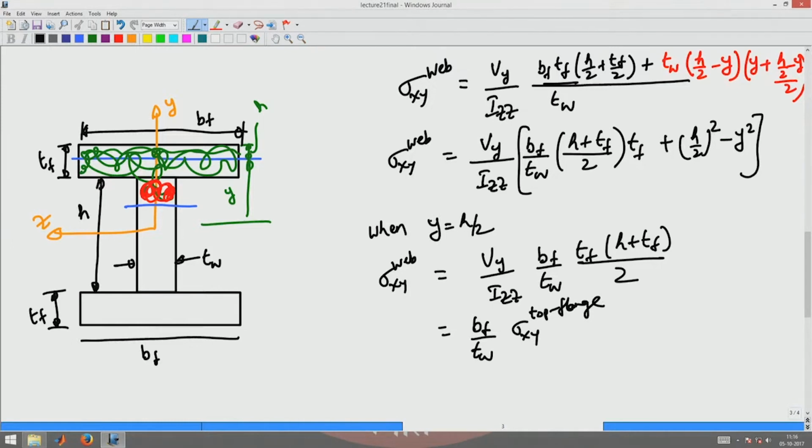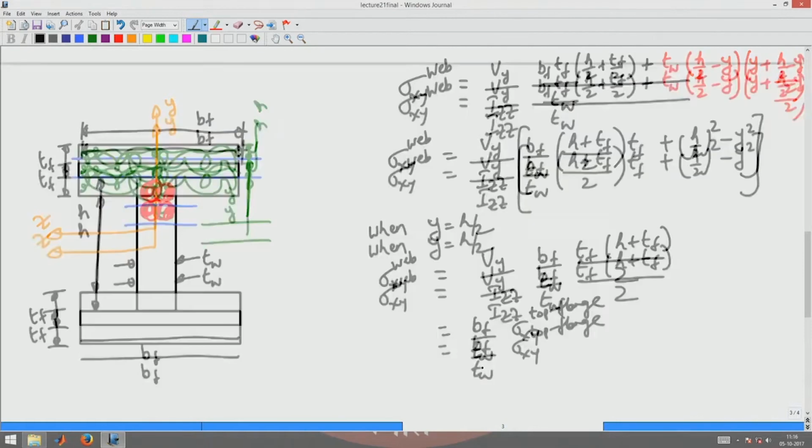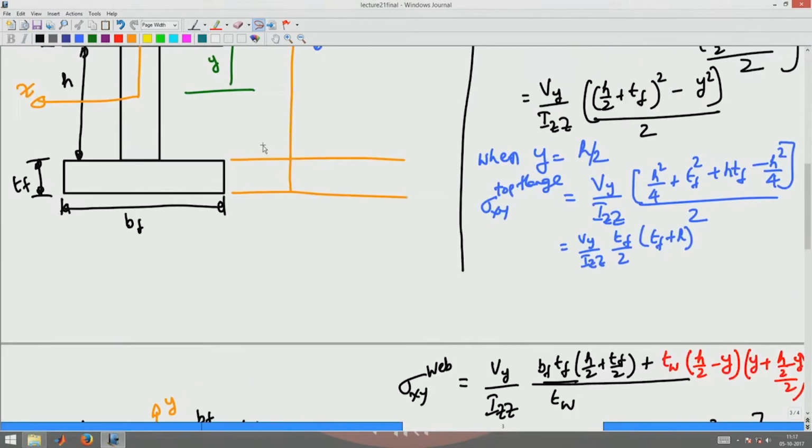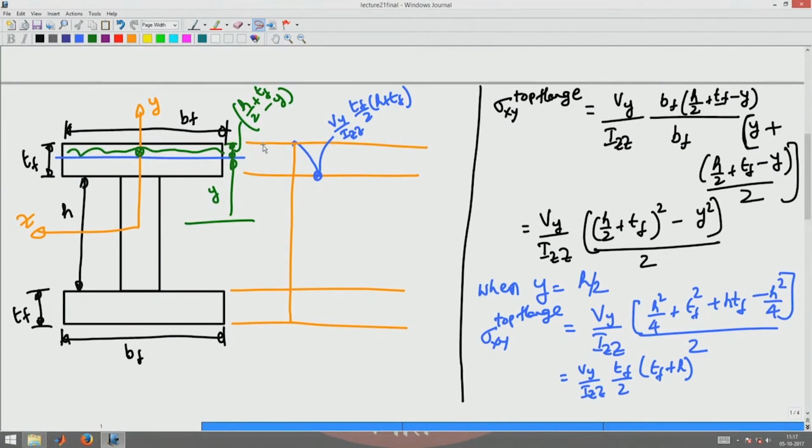So, basically Bf is greater than Tw, so this ratio is greater than 1 and hence there will be a jump in the shear stress at that location. So, you will find that the shear stress increases from this value to some value Bf by Tw times, if this is tau 1, this will be tau 1.